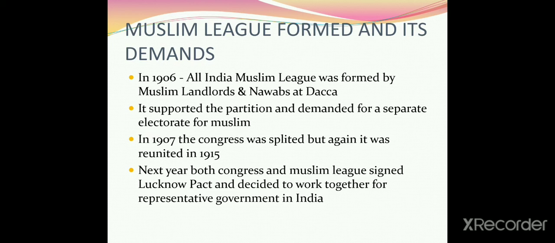Anyhow, the two groups reunited in December 1915. Next year, both the Congress and the Muslim League signed the historic Lucknow Pact and decided to work together for representative government in India.